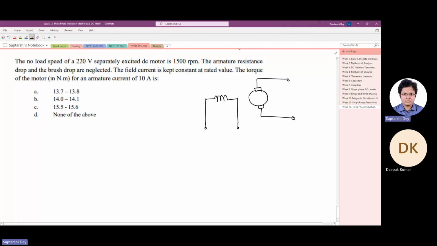Now for this, they are saying the armature resistance drop and the brush drop are neglected. Field current is kept constant, so phi is constant. Torque of the motor for an armature current of 10 ampere, we have to find out.